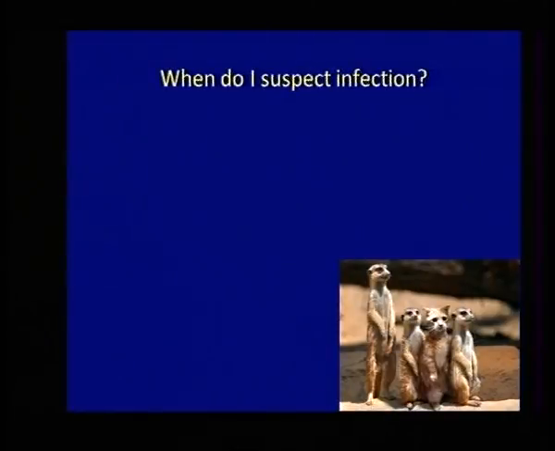So the first question I'm going to raise is, when do I suspect infection in a wound? How do you differentiate the infection when it is camouflaged in a wound which may be looking essentially non-threatening?